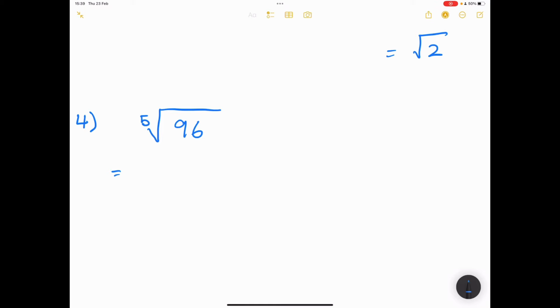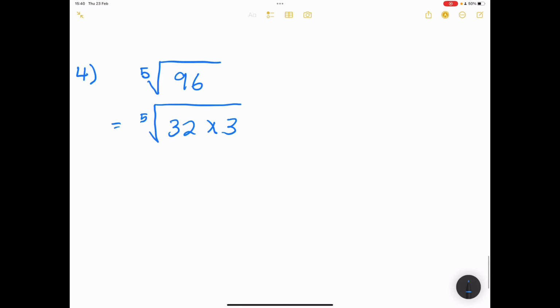So that's why I chose 3 instead. So I'm going to say this is the square root of, or rather not square root, the 5th root of 32 multiplied by 3. 32 times 3 will give me 96.